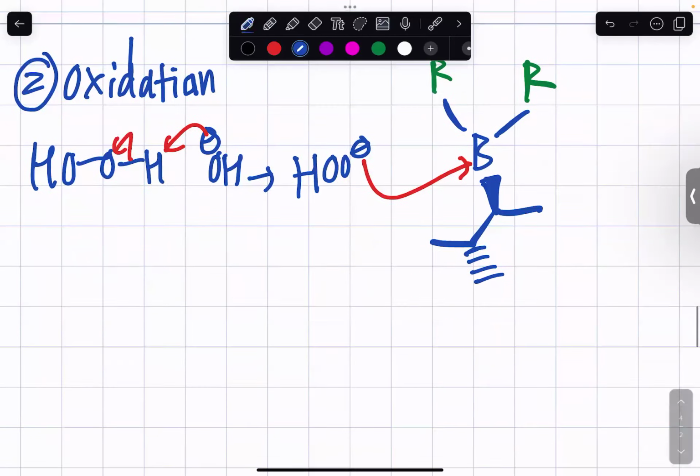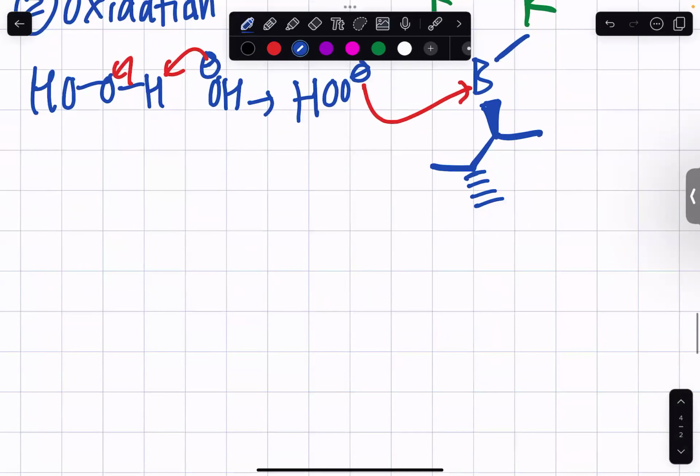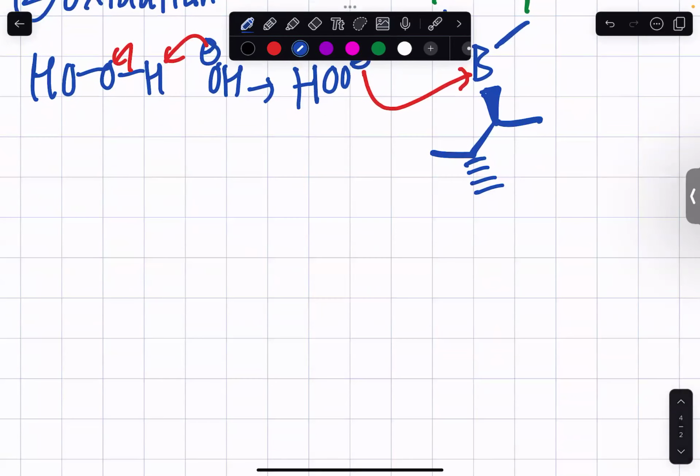Right? When that happens, we are going to get this intermediate right here.